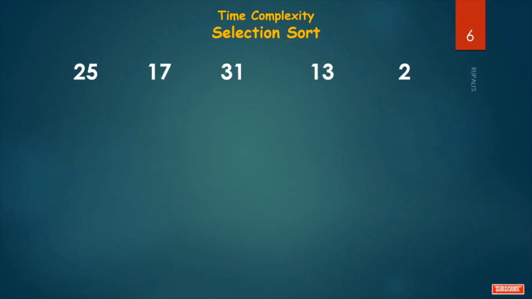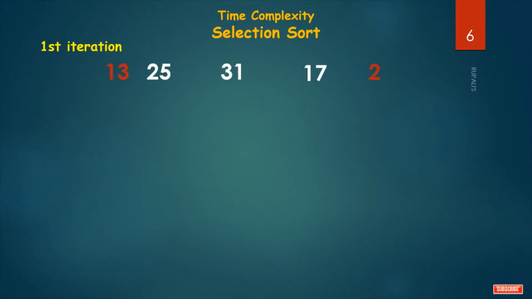See, in our example there are 5 elements. In the first iteration, how many comparisons are required? It is 1, then if swapping is required swap, then it is 2, then 3, and then if swapping is required swap, and then it is 4.